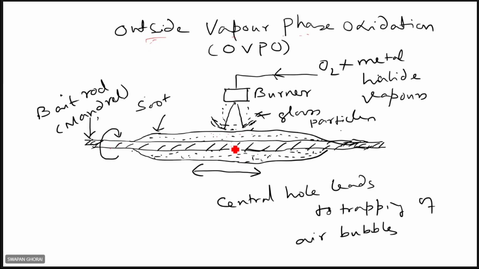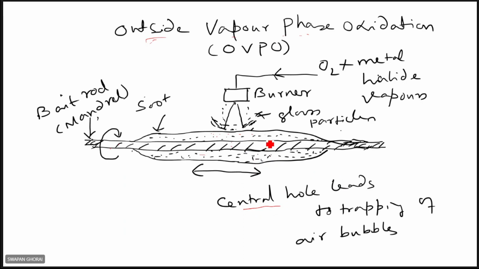After a certain deposition, it is cut off, the deposition stops, the whole thing is heated, and then the glass rod is removed. What remains is called the preform, right? And this preform will have a central hole.